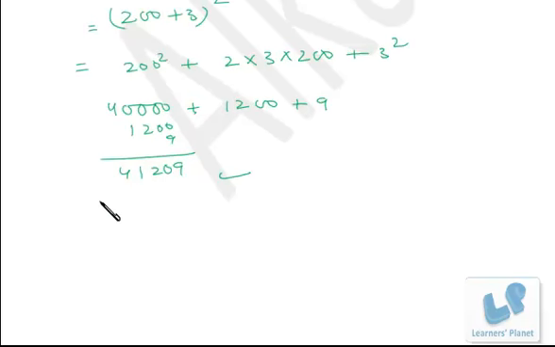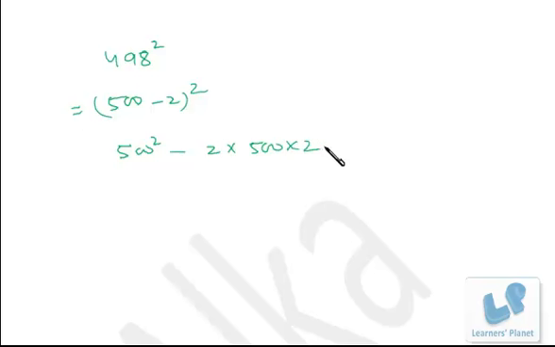Okay, I take one more example over here. Suppose I have 498 square. So it's (500 − 2) square, right? So it's (a − b) whole square. So that's a square minus 2 into a into b plus b square. Okay, 5 square is 25, 100 square is 10,000, so 25 and 4 zeros.